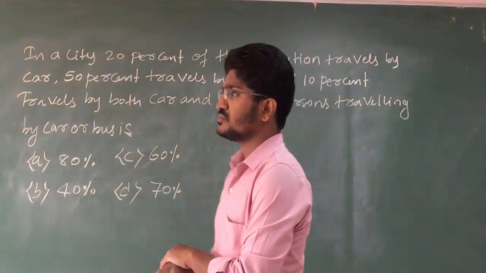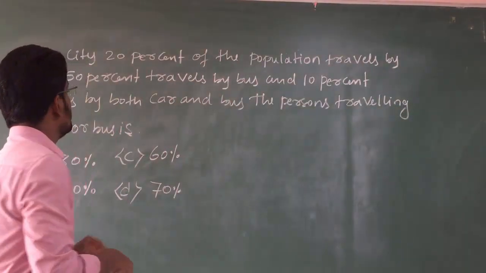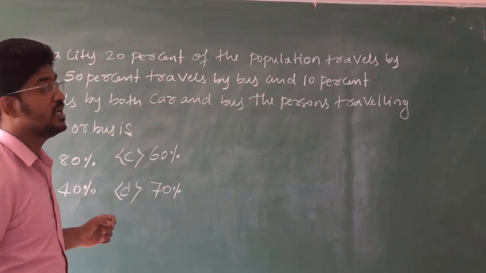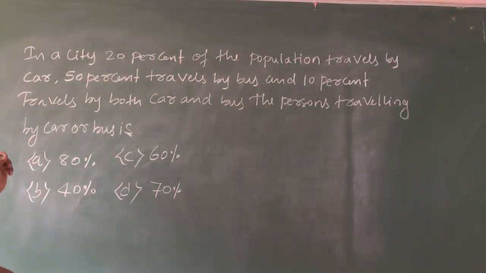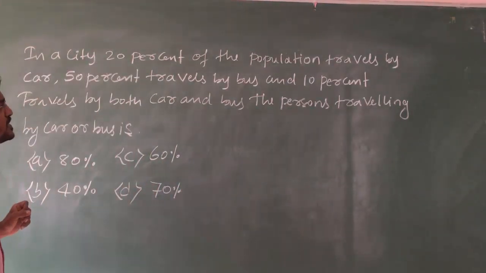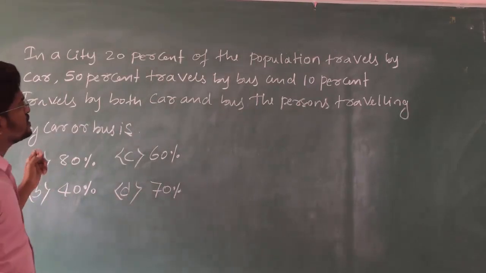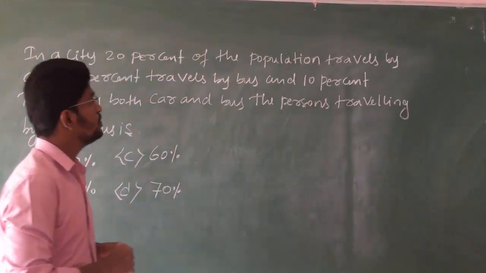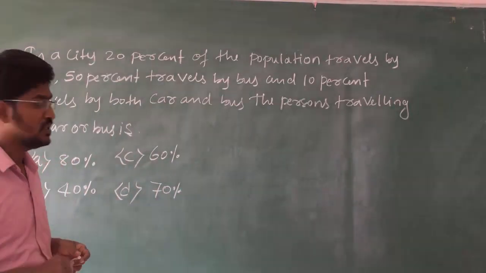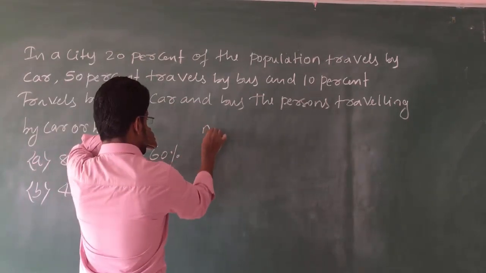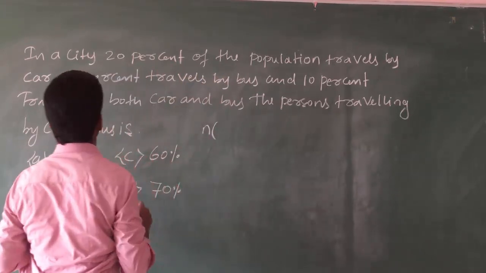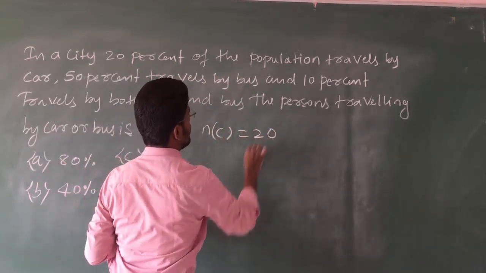In a city, 20% of the population travels by car, 50% travels by bus, and 10% travel by both car and bus. They are asking for the persons traveling by car or bus. First, 20% of the population travels by car, so n of C is 20.